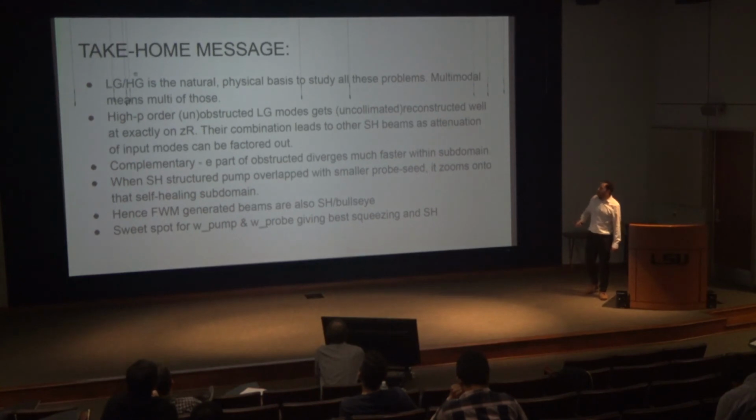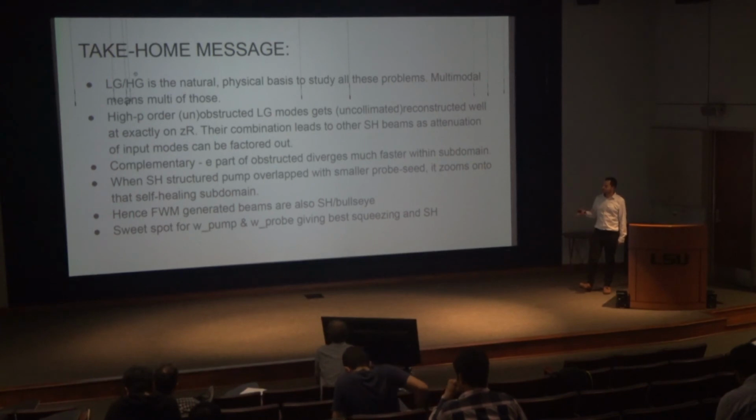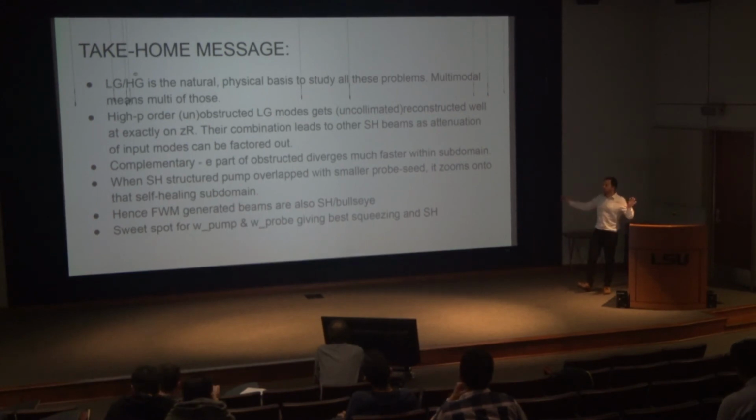To sum up, we use LG or HG modes as the fundamental building blocks of multi-spatial modes, because pixels are not physical. We also find that high p order, bullseye pattern looking modes or combinations thereof, can be factored out in the obstructed case, such that we know the complement will diffract faster and our beam is going to heal itself exactly at the Rayleigh range.